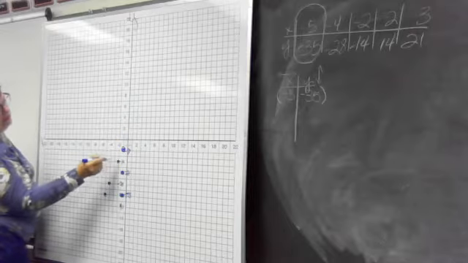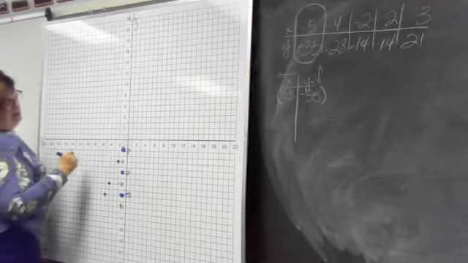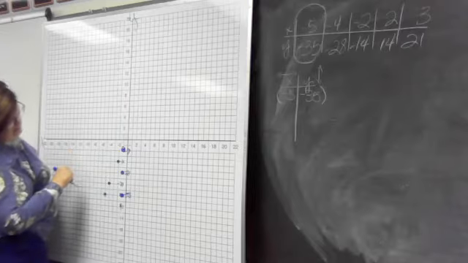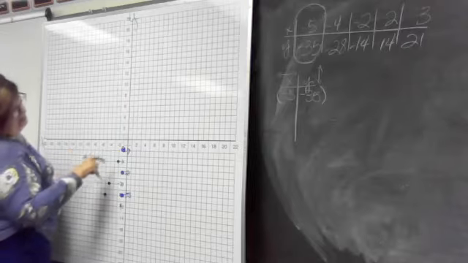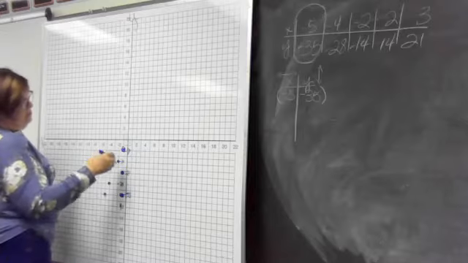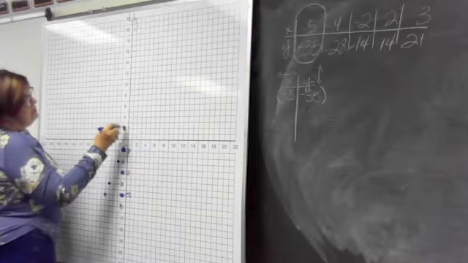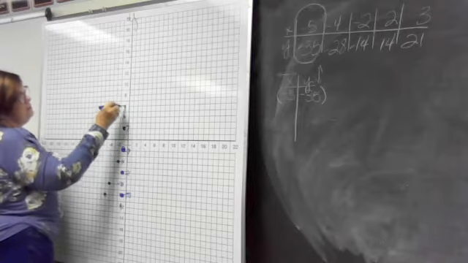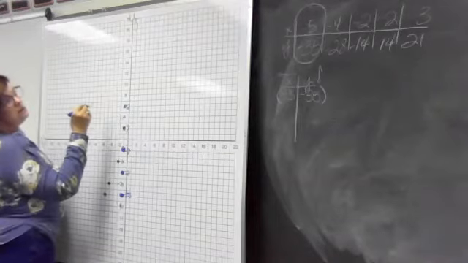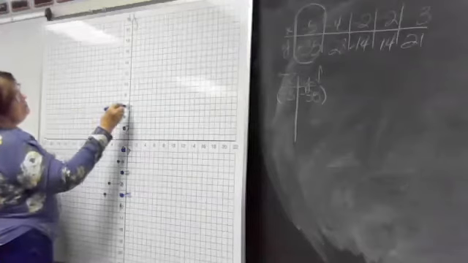So here, and oh, I kind of screwed that up too. 7, 14, 21, 28. Okay.